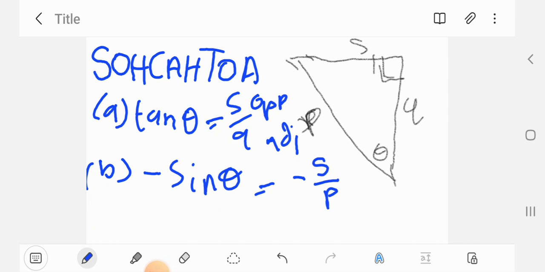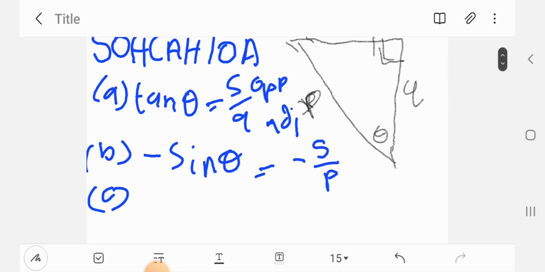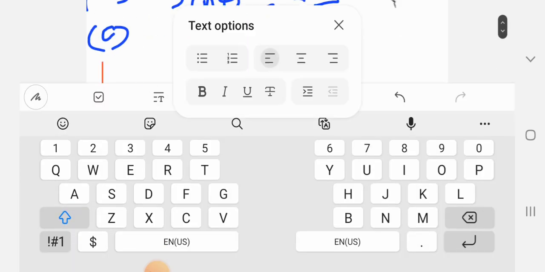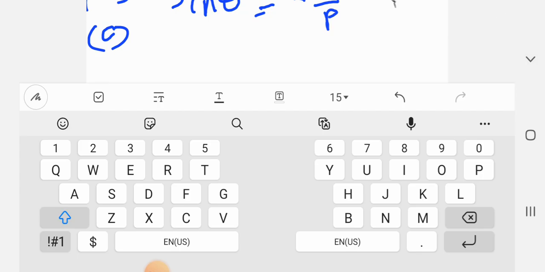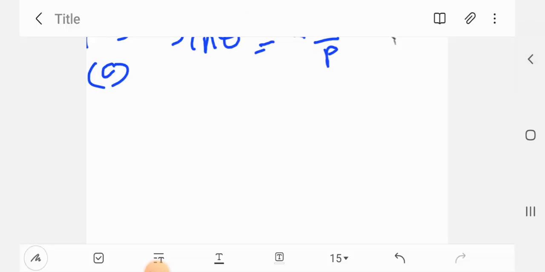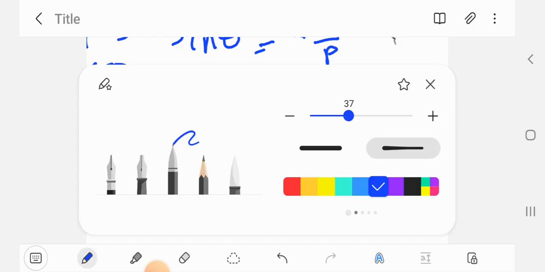Okay, and then for number C, we need some space to do number C.